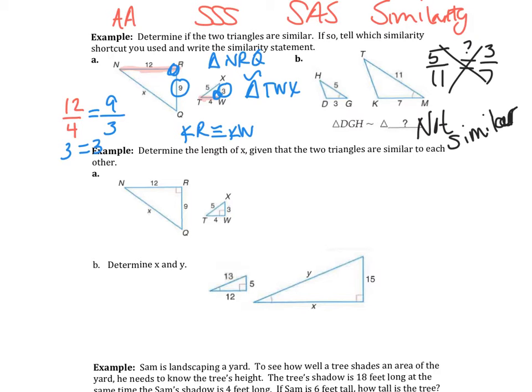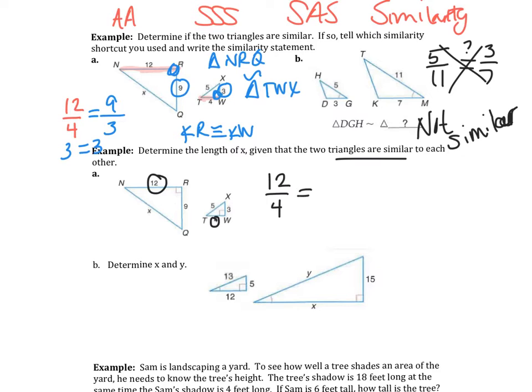Alright, determine the length of x given the two triangles are similar. So using what we know about those ratios and that these triangles are similar, I am going to set up my one ratio of 12 over 4. That's this side here and this side here.